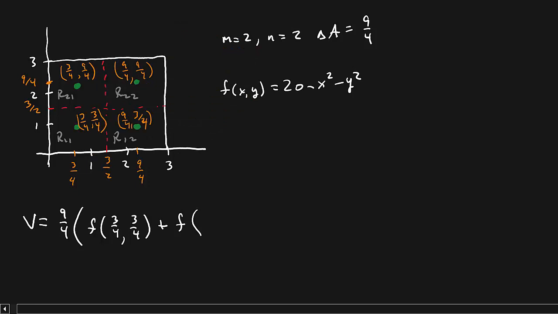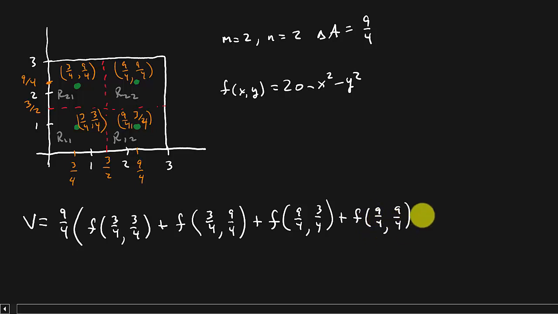All right, so I've got f of 3/4, 9/4, this one up here, and then plus the height of this rectangle, f of 9/4, 3/4, plus, and then the height at this point, f of 9/4, 9/4.